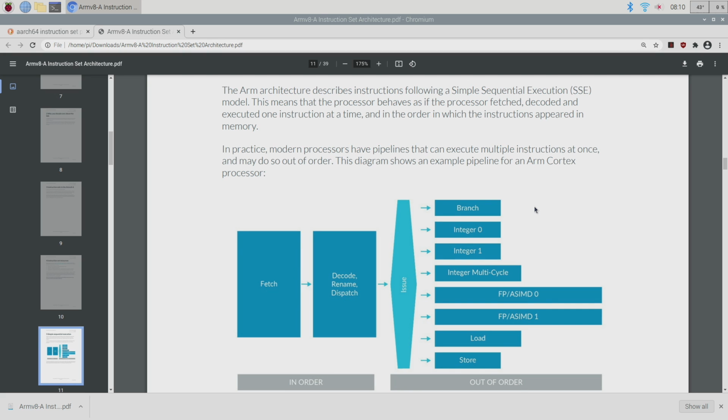Let's say you were adding 5 to register 0, and then the next instruction you were adding 7 to register 1. Those two things can happen simultaneously because they don't impact each other, right? So the scheduler could dispatch those two instructions, one to integer 0 and the other to integer 1, and do them in parallel because they don't affect each other. And similarly on the floating point side.